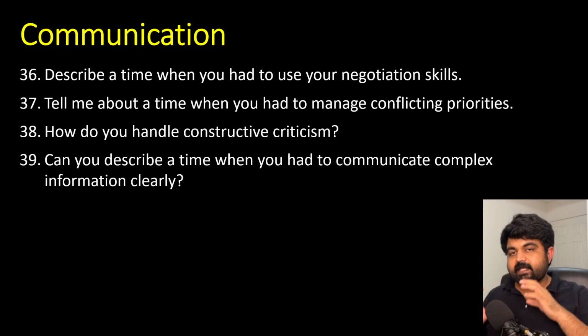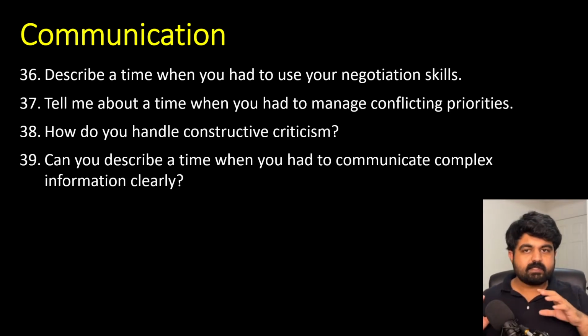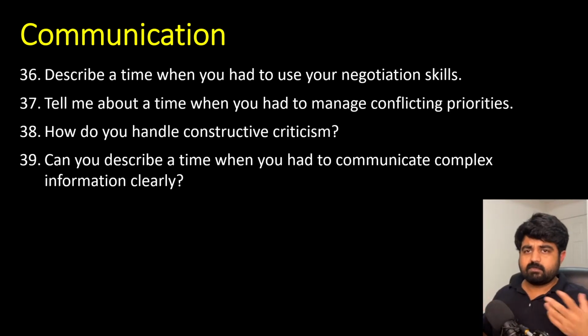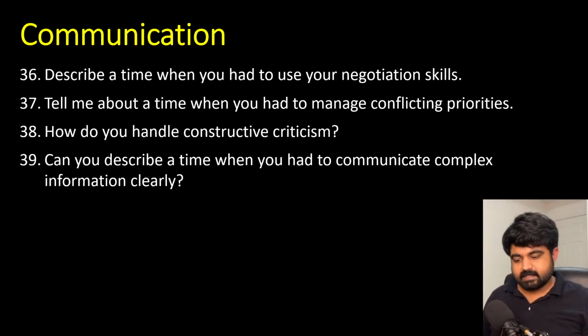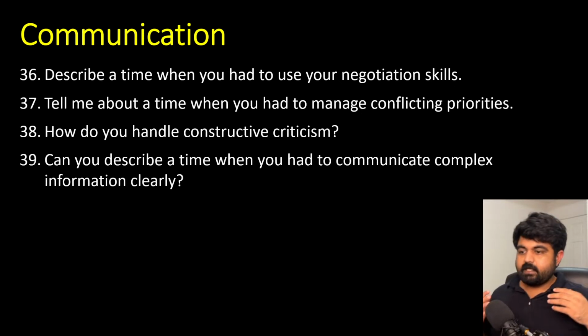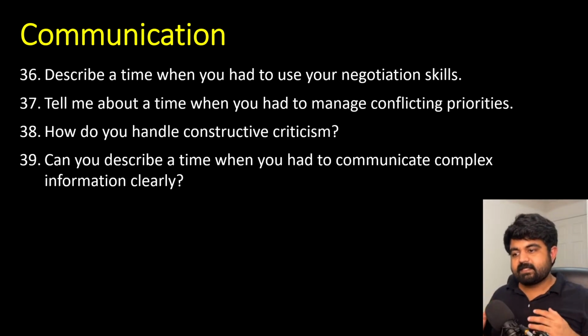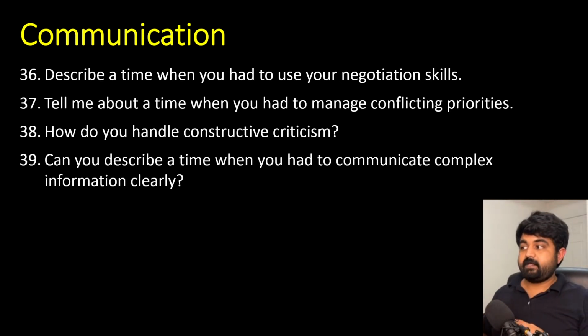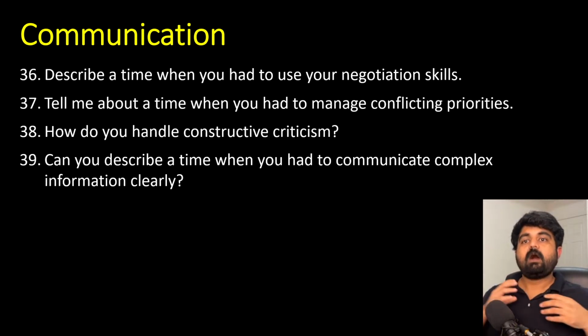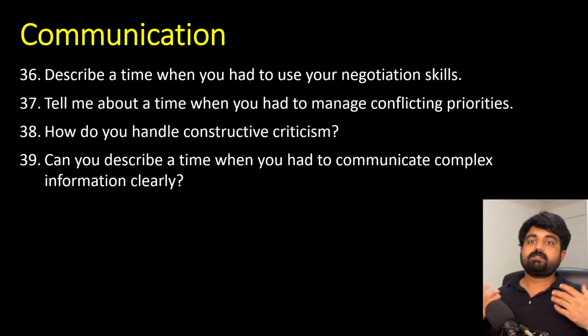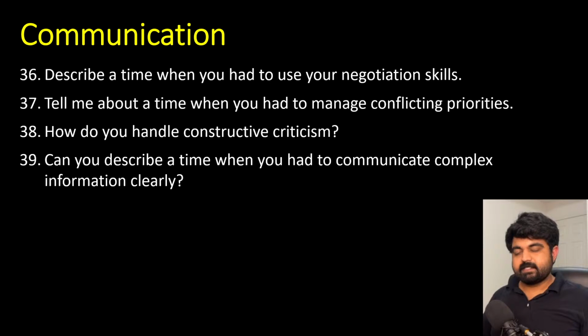If there is a technical problem and you are discussing amongst the technical teams, amongst tech leads or developers or architects, you can communicate in normal terms because everyone understands the concepts and implications. But if you are working on something and you are trying to explain the same thing to the business or business executives, then you have to be creative because it's a complex topic for them. How do you break it down? How do you explain pros and cons? So you can try to incorporate this in your answer.